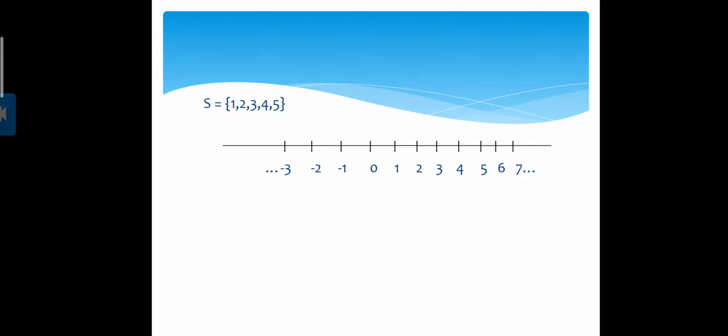So 5 is the minimum value which satisfies the condition, and every number after 5 also satisfies the condition of upper bound. Therefore we can write the upper bounds of S as the set of all U such that U is greater than or equal to 5. So we have an infinite number of upper bounds for the given set. It need not be unique.